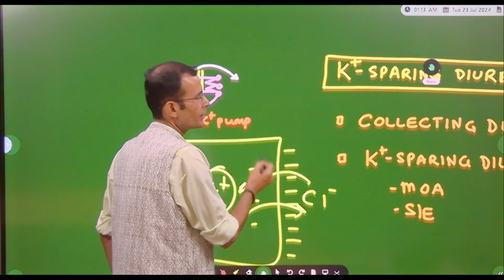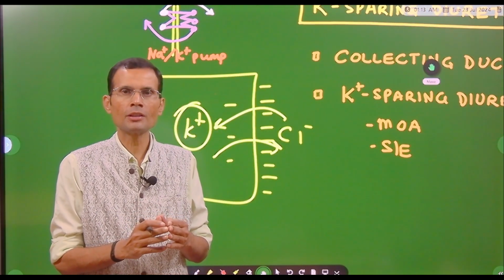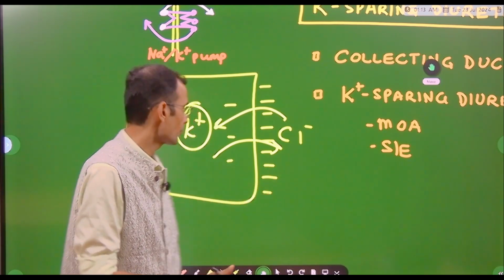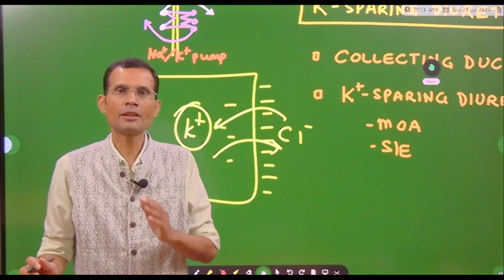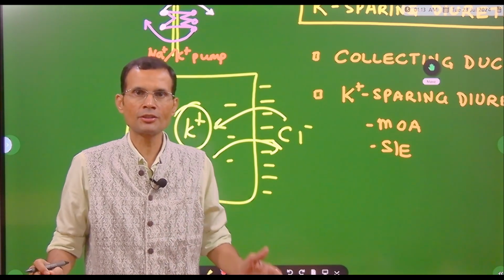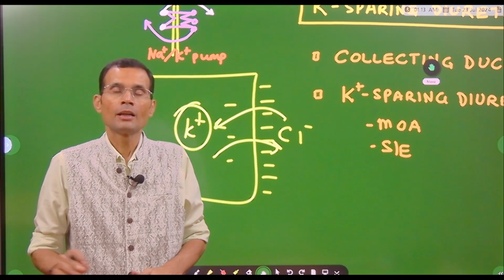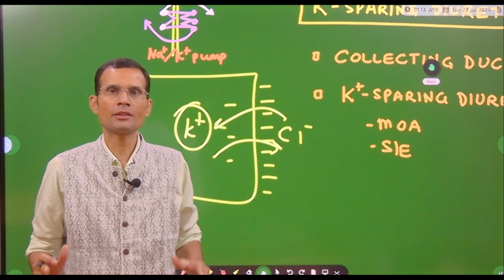Before we start the actual discussion, let's recall two important physiological principles that we will be requiring later on. First is the electrochemical gradient. You know, the ions move because of their own concentration gradients from high concentration to low concentration. Ions also move due to the electrochemical gradient.